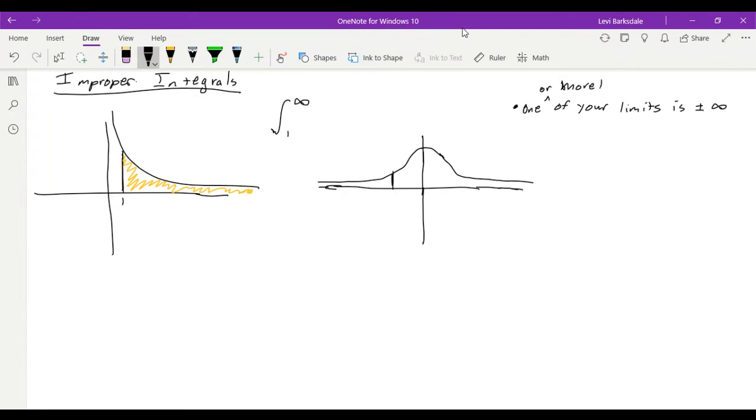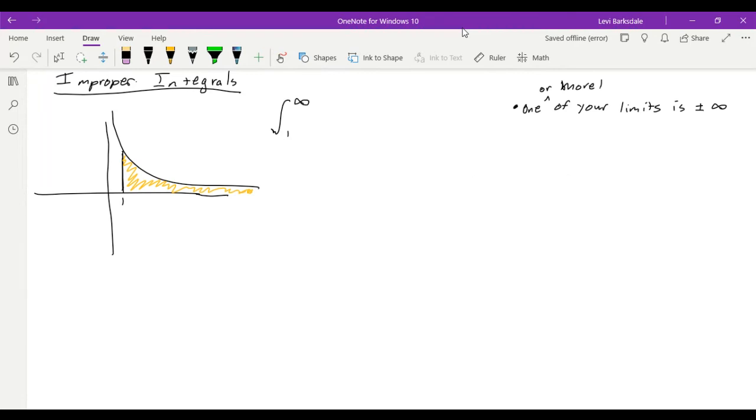So we could take everything to the left of this line or everything between these two lines to get a probability of something. But the integral from negative infinity to positive infinity of this probability distribution should be equal to 1. That is a classic example of an improper integral.